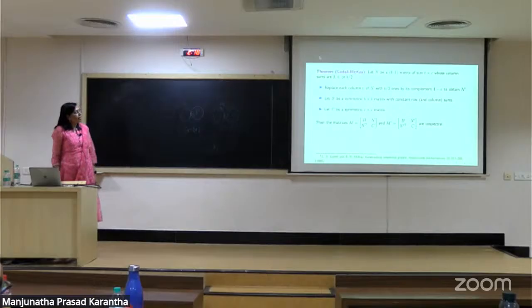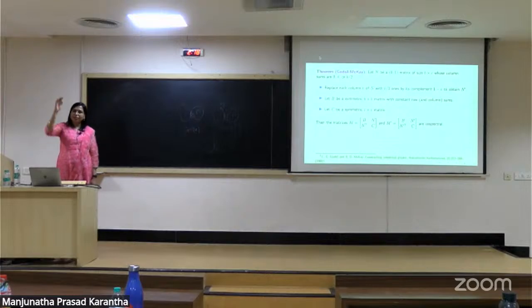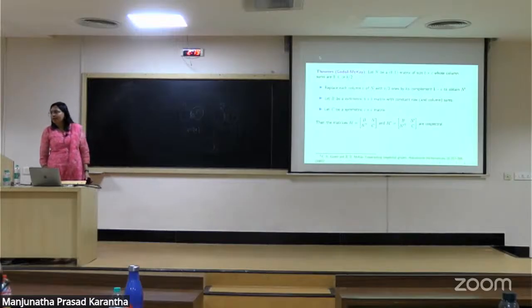So now from N you can have another matrix N dash, where if some column contains B by 2 number of ones, you change it to B by 2 number of zeros in those places, and where there were zeros, you change to 1. That's the switching you did. You look at the columns where half of the entries were 1 and half were 0, and you change them to get another matrix, N dash.